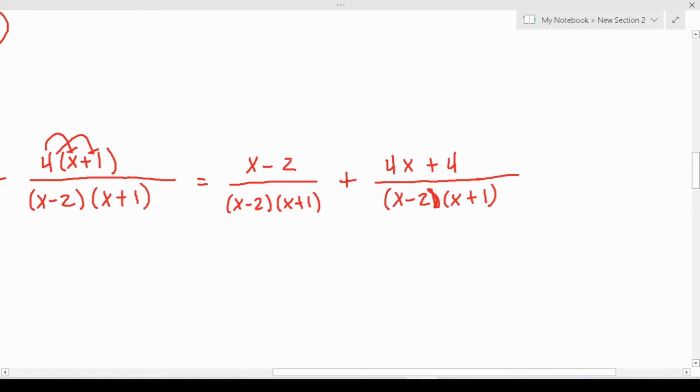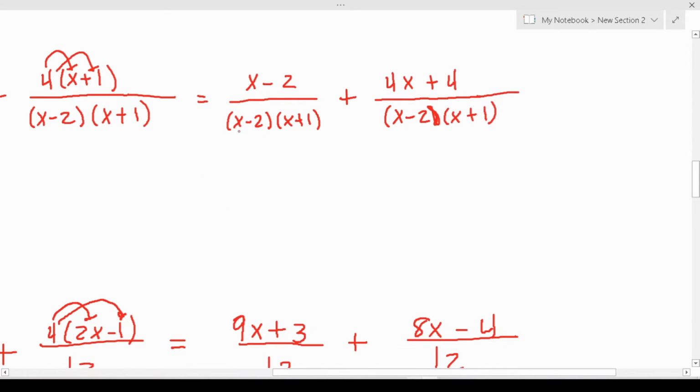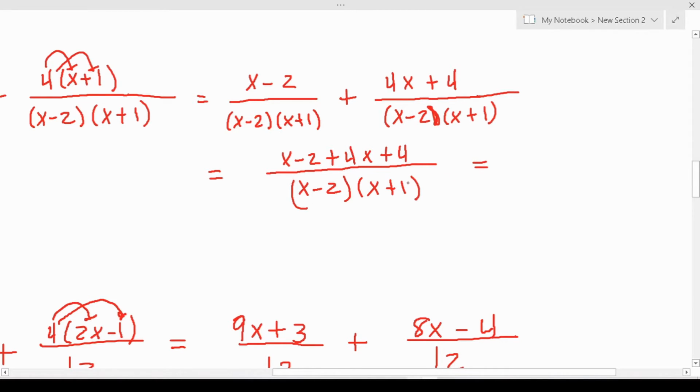Now we can go ahead and combine these into one fraction. So this is going to be all over x minus 2, x plus 1. And then we have x minus 2 plus 4x plus 4. Let's combine like terms.